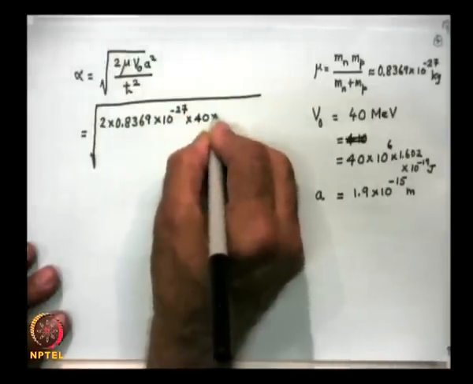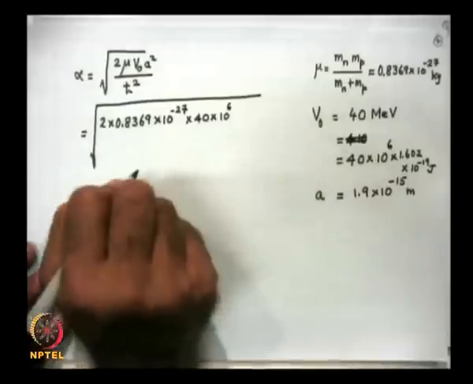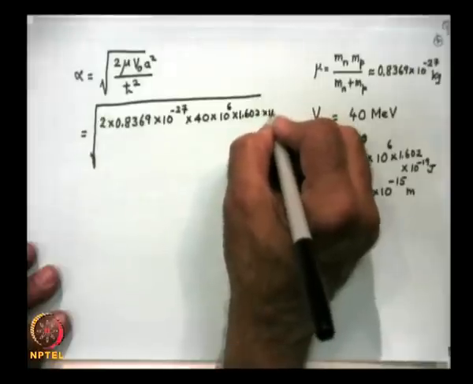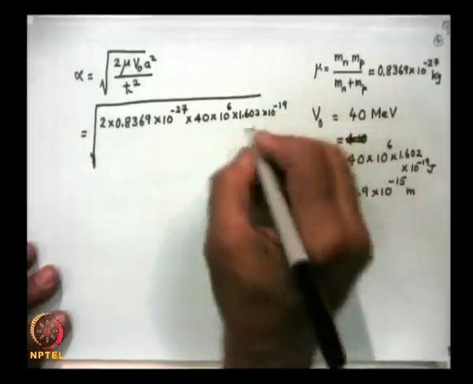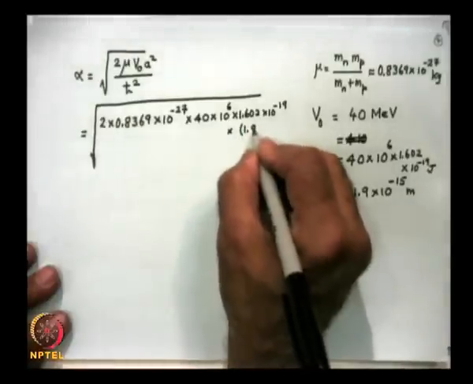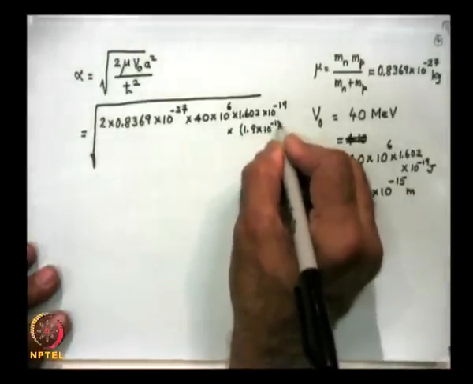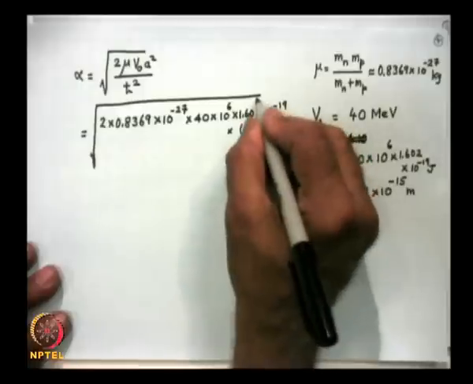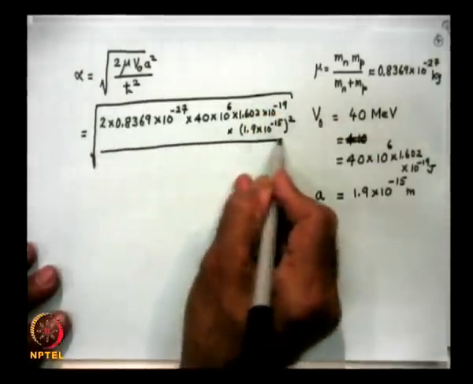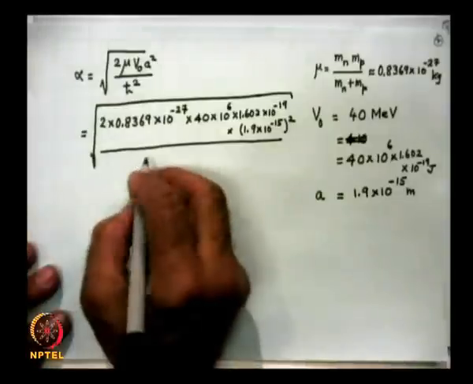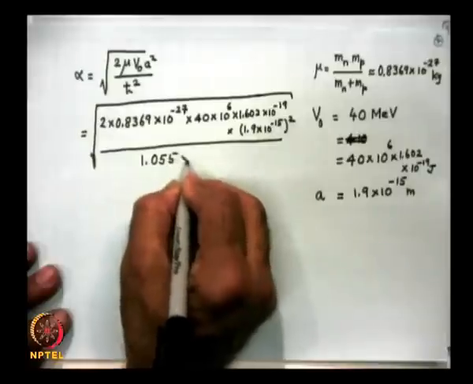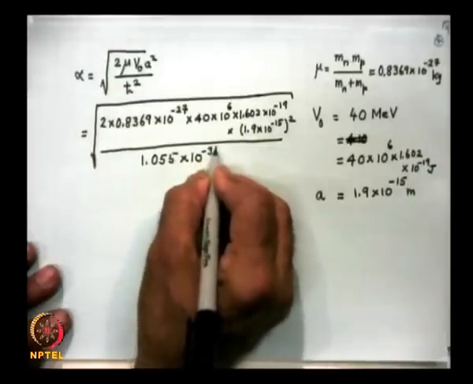V 0 value is 40 into 10 to the power of 6, 40 MeV into 1.602 into 10 to the power of minus 19, multiplied by, in the numerator, A square, 1.9 into 10 to the power of minus 15 whole square, the whole thing under the root, divided by h cross square, and the h cross is 1.055 into 10 to the power of minus 34 whole square.